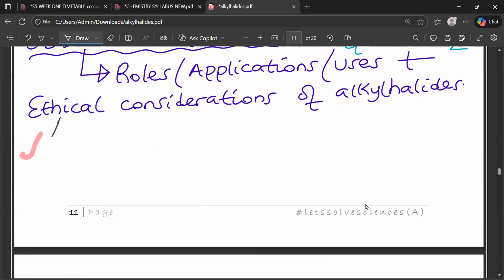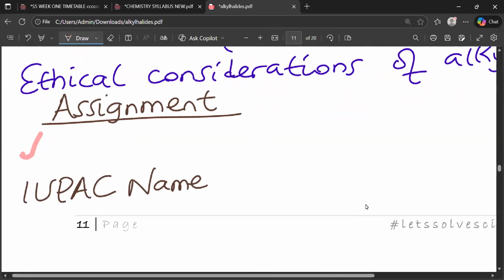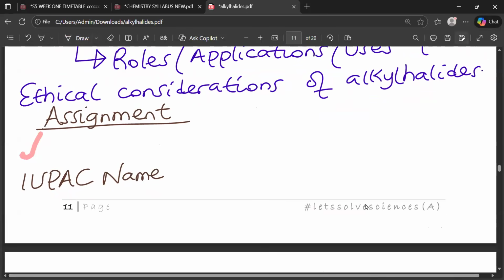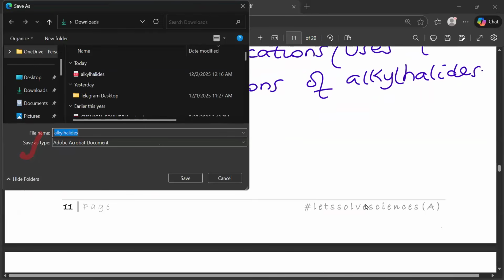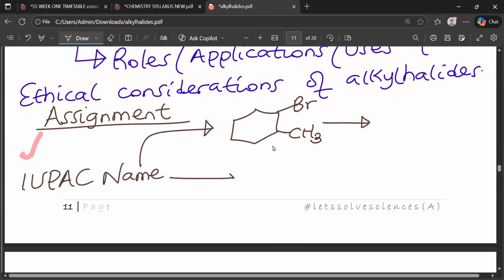Then, this is the assignment. I want you people to give me the IUPAC name of this. I want the IUPAC name of that.